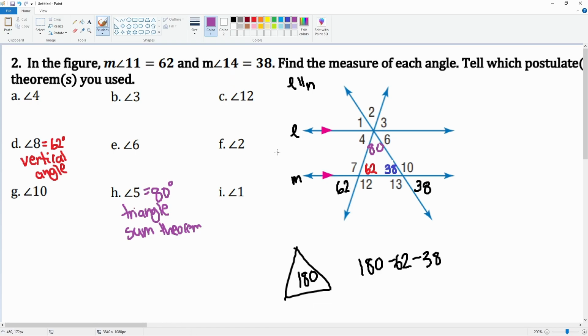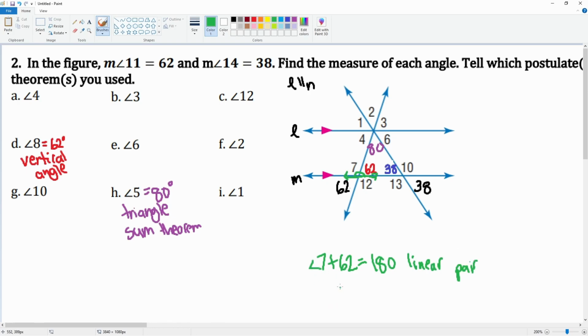Then let's see. Okay, we can do some linear pair relationships. So take a look. This forms a line. So we know that angle 7 plus 62 should add up to 180 because of linear pair.